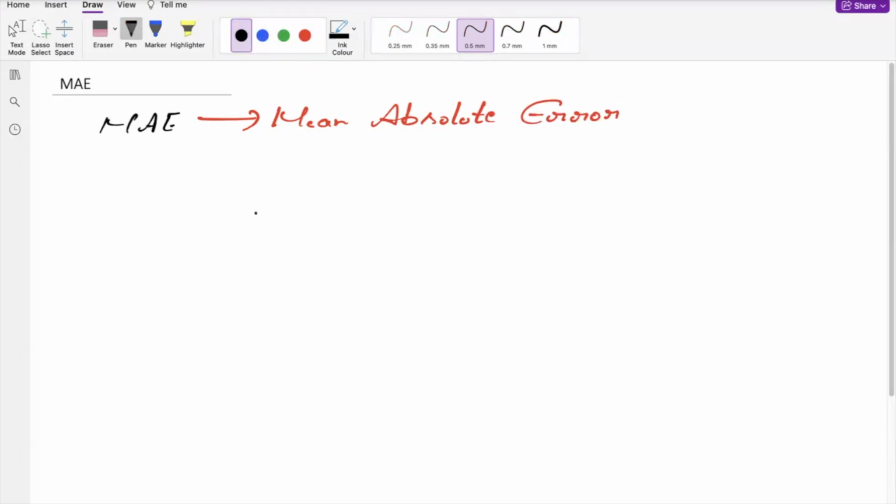Basically, mean absolute error is one of the metrics used to evaluate a regression model, which helps you find the average absolute difference between the actual and the predicted value.